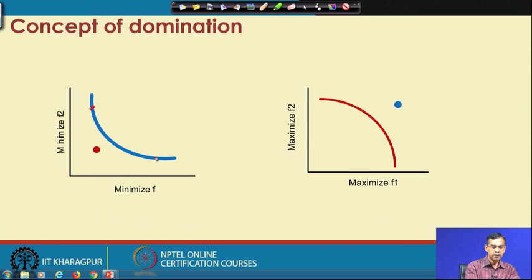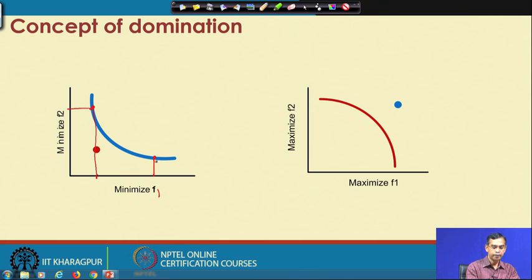If we see in these slides, this is one solution and this is another solution. So far as f1 is concerned, this solution is worse, or not as good as the other solution, because the other solution has better f2 with respect to f1.